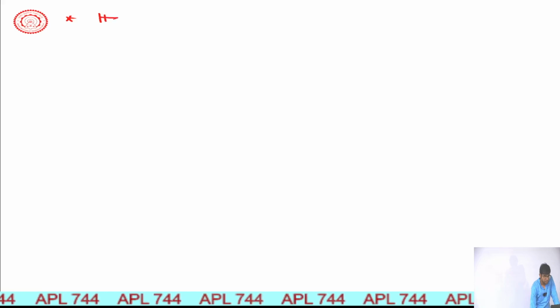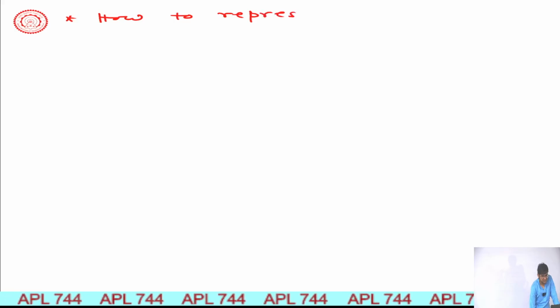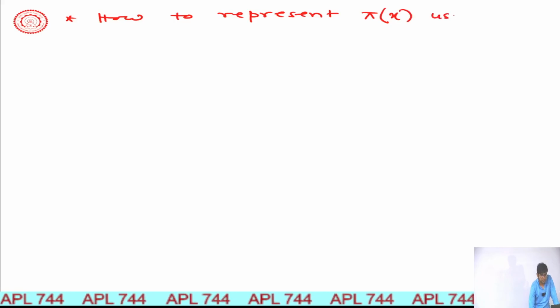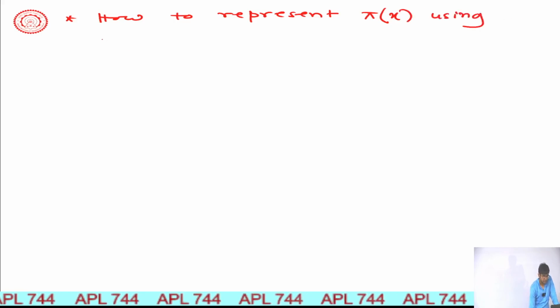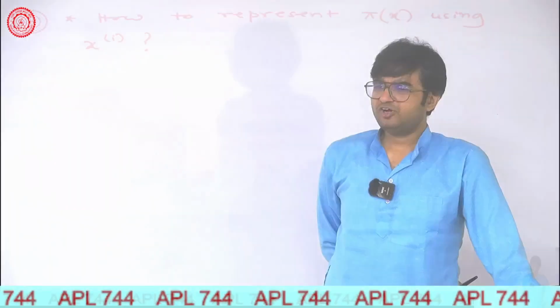So the question I'm trying to pose is, how to represent pi of x using xi. This might not be directly needed, but it can be useful in proving certain things later.